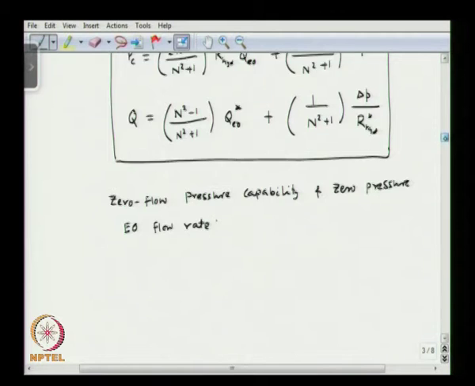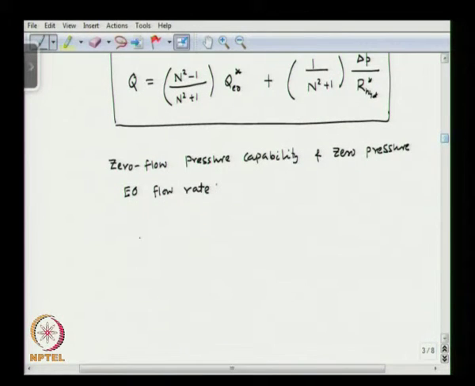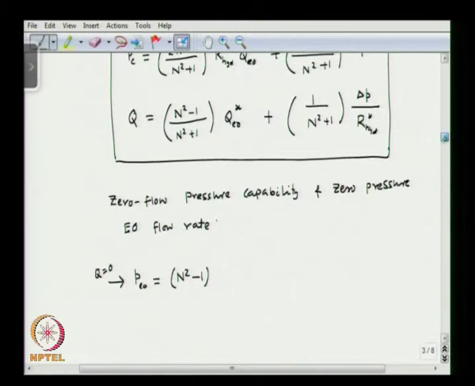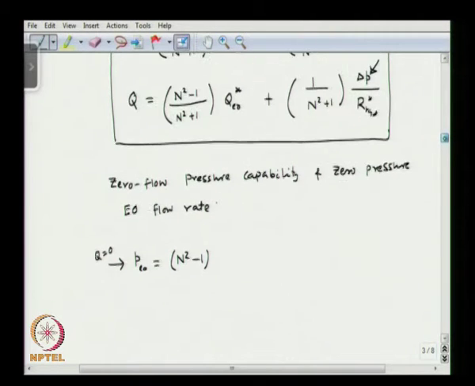So, we can write P EO is going to be n² minus 1. So, this is when the flow rate is 0. Okay. So, this is when Q equal to 0. So, if we put Q equal to 0, we can find what is going to be the pressure capability.